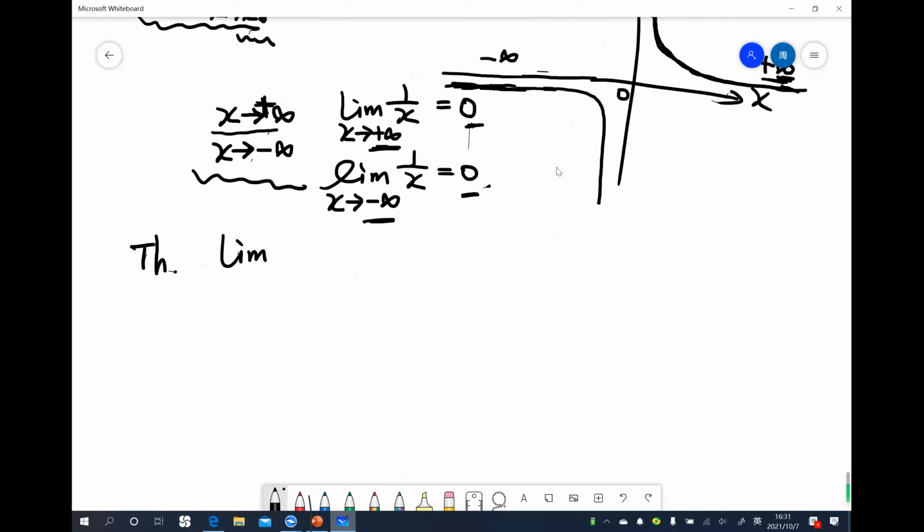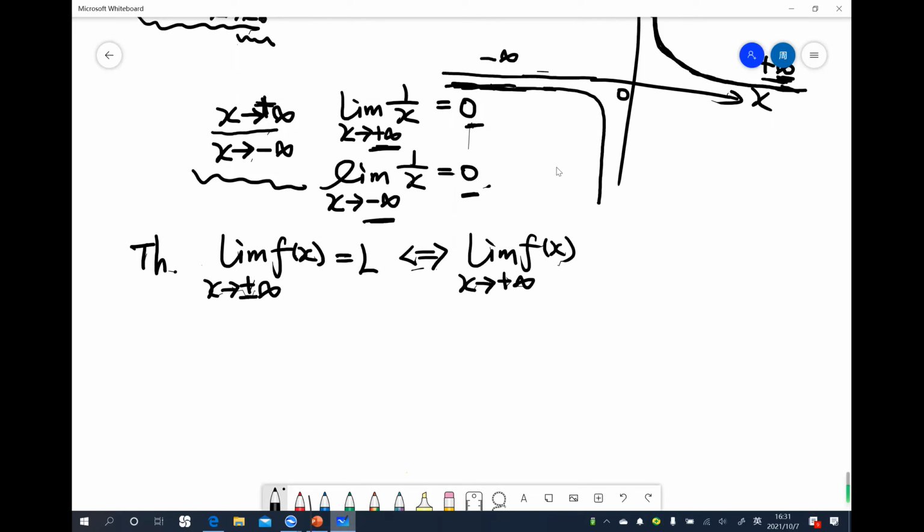So here we can also get a theorem as before. When we talk about the limit of a function as x approaches positive or negative infinity existing, we should have both the limit of the function as x approaches positive infinity and the limit of the function as x approaches negative infinity.